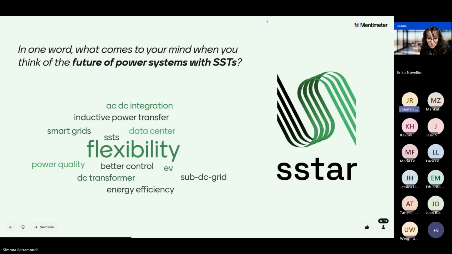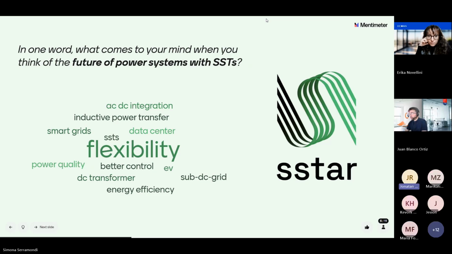Maybe my colleagues from fifth or third, because it seems that one of the most repetitive words is flexibility. That, if I'm not wrong, is fully aligned with the objectives of the project. So I don't know if someone from my colleagues needs to add something.